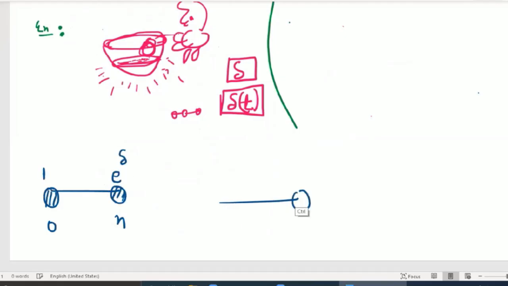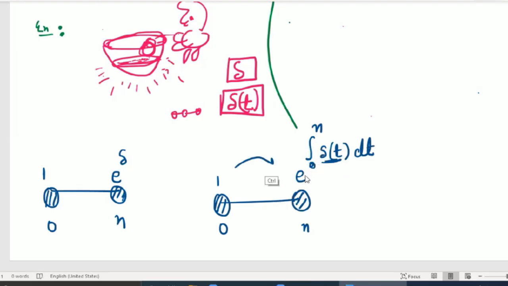If you deposit 1 here, this will be e to the power integral from 0 to n of delta T dt. This is the derived formula. You have to integrate only delta T, then we write e to the power, that's all. And you see, this is a particular case of this.